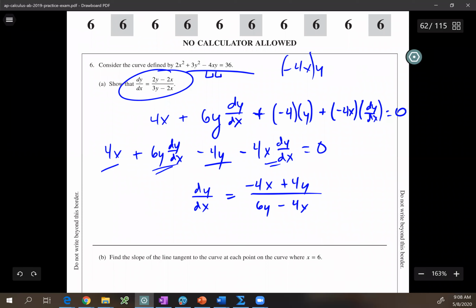And from here, it's just simplifying. So that's equal to, we can divide out by 2. And I'm going to move the y in front because it was positive. So 2y minus 2x over 3y minus 2x. And if you want to be fancy, you can write QED, which is the math term for we proved it.